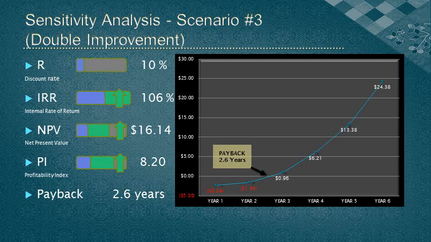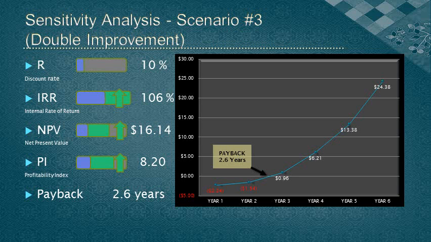Now I'm going to talk about the last sensitivity analysis. The condition of scenario number 3 is double improvement. If we get a higher improvement of productivity, it will show great figures like this graph. In this scenario, the payback period is 2.6 years.